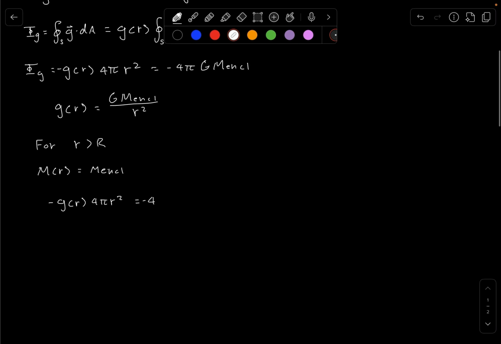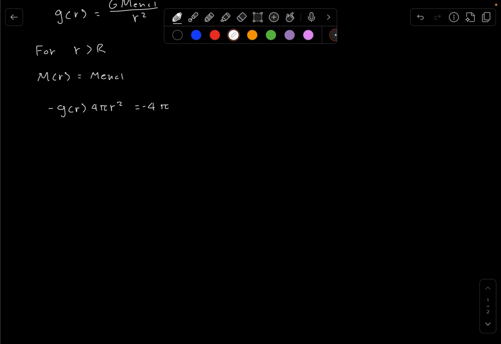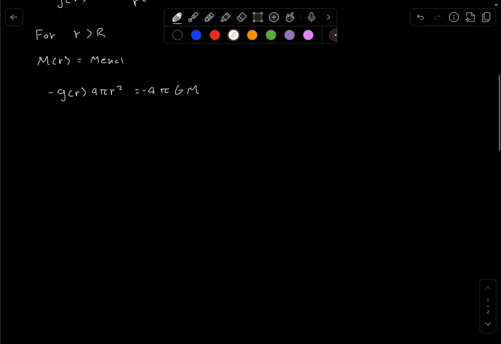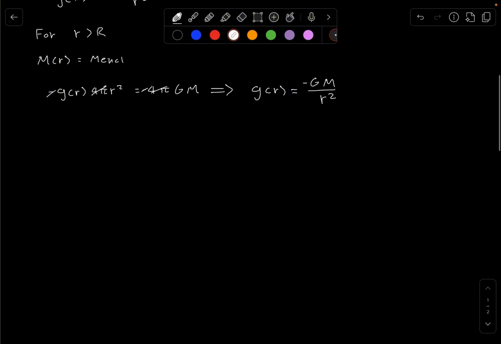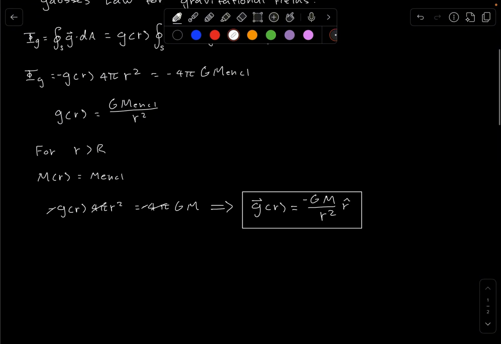Yeah. 4 pi GM. So the negative sign cancels out, and you get g of r is equal to GM over r squared, negative GM in the r hat direction. So this is our solution for the outside of the sphere, which is pretty obvious because this is Newton's law of gravitation, so pretty easy.